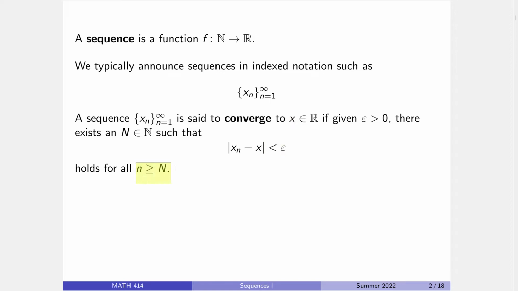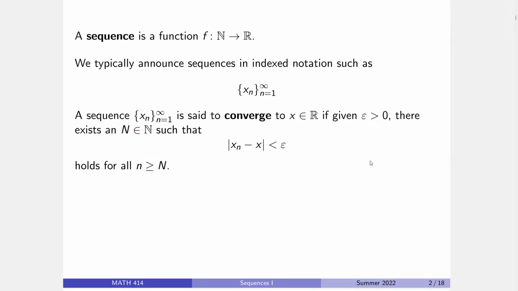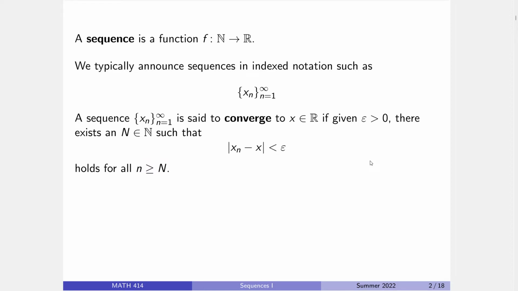And they stay there. So a sequence converges to a real number x if the sequence eventually gets close and stays close. Right, and that sounds like a pretty good idea for capturing the notion of convergence, or the idea of limit, which we'll get to in a moment.